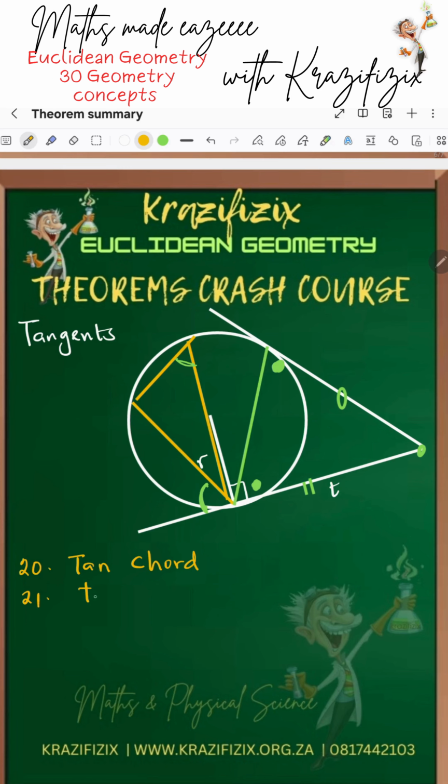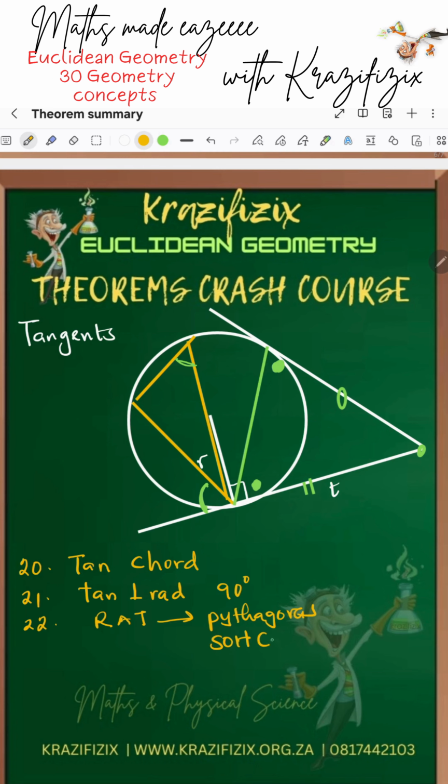Number 21, tan is perpendicular to radius. And now, when I think about the 90 degrees, I'm thinking of a right angle triangle, so I'm thinking of my Pythagoras, and I'm thinking of SOHCAHTOA.